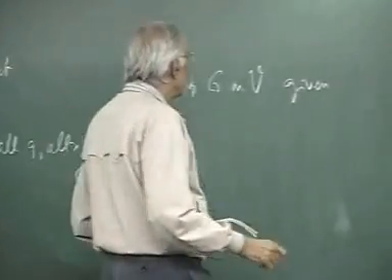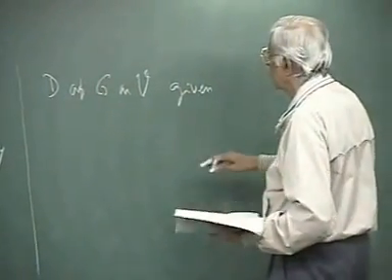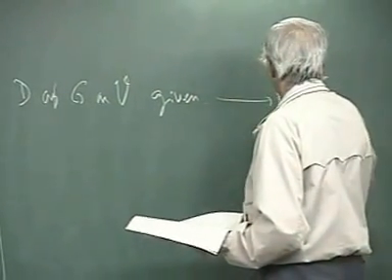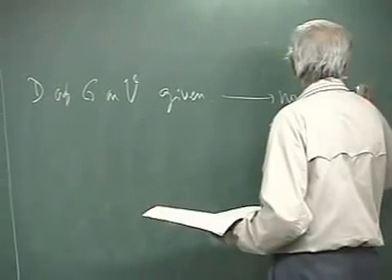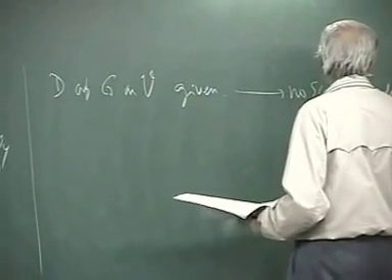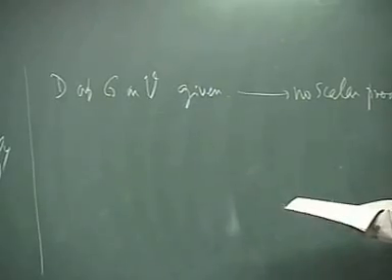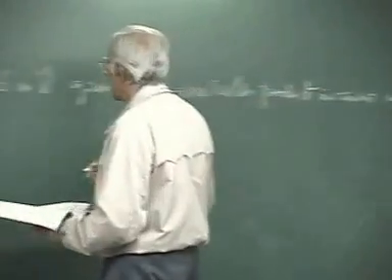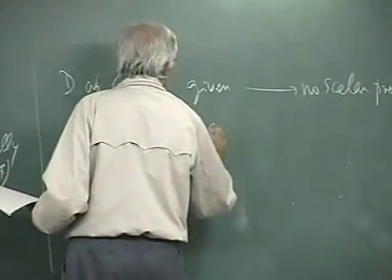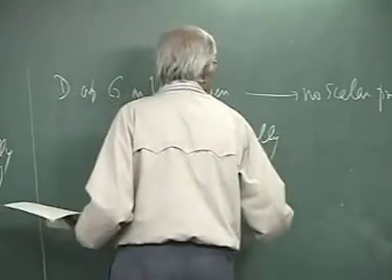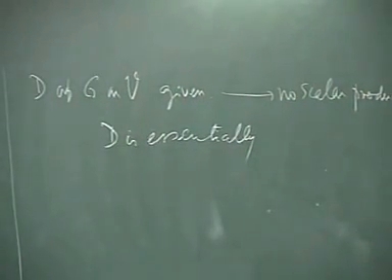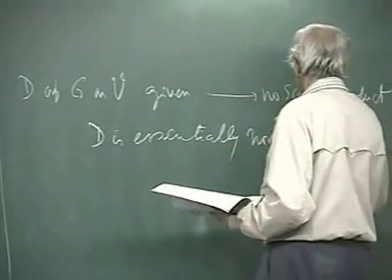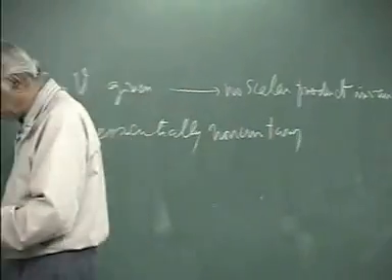So if there is no way of defining a scalar product consistent with obeying this condition, then we would say if there is no way of setting up a scalar product invariant under D, then we give D a special name. D is essentially non-unitary. So this can also happen.